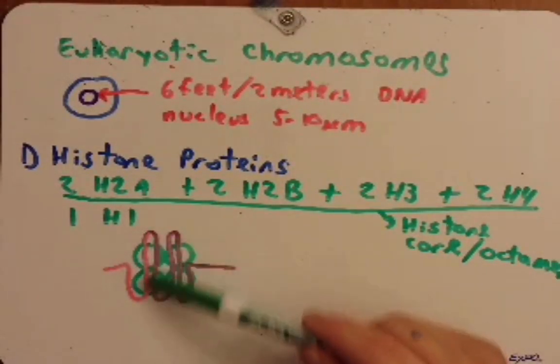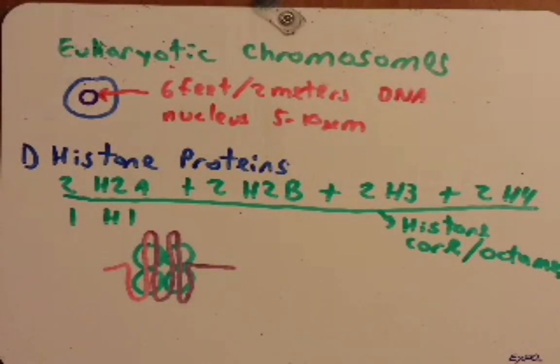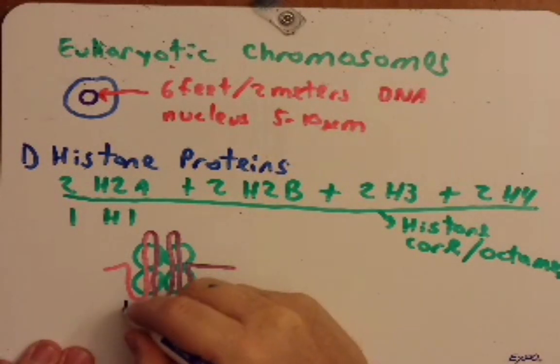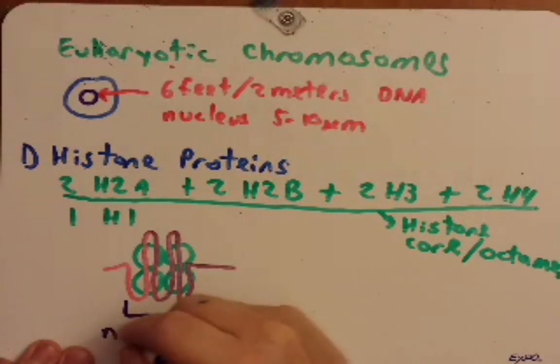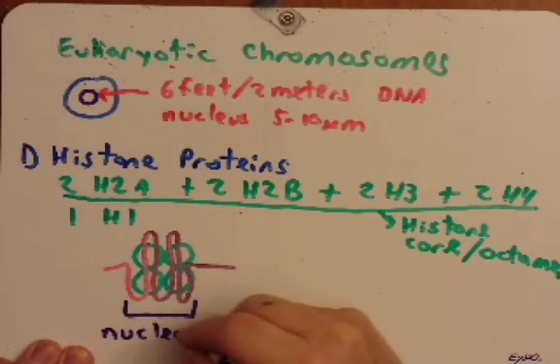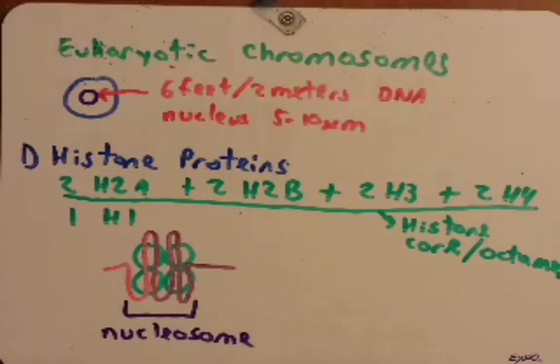The DNA will wrap around this histone octamer, and the histone proteins with the DNA here, we call the nucleosome. This nucleosome is very important in packing the chromosomes. As when we talk later on in the semester about gene regulation, we'll see that these histone proteins are incredibly important in regulating gene expression. But you'll have to come back later in the semester to figure that out. We're talking about packing now.